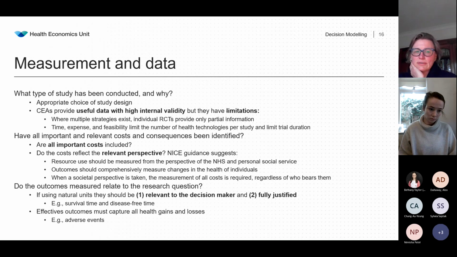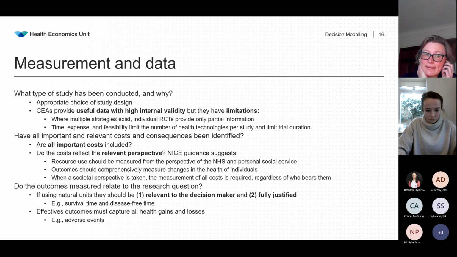Turning to measurement and data, we have to think about what type of study is being conducted and whether the choice of study is appropriate. And why is it being conducted? Is it something that's lacking in the current evidence base? So making sure that it's not replicating something that already exists.